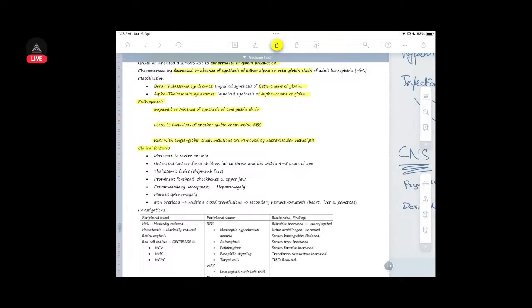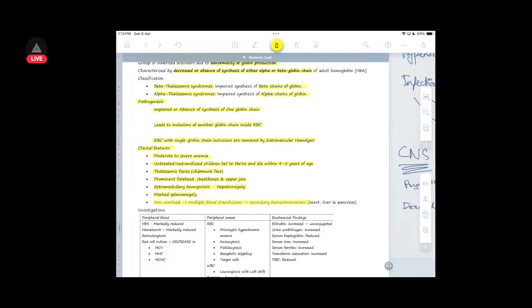So clinical features: you have moderate to severe anemia; untreated, untransfused children fail to thrive and die within 4 to 5 years of age. Without transfusion, without treatment, they will die. So thalassemia facies: you have chipmunk face, prominent forehead, cheekbones and upper jaw. Extramedullary hematopoiesis, hepatomegaly, marked splenomegaly will be there.